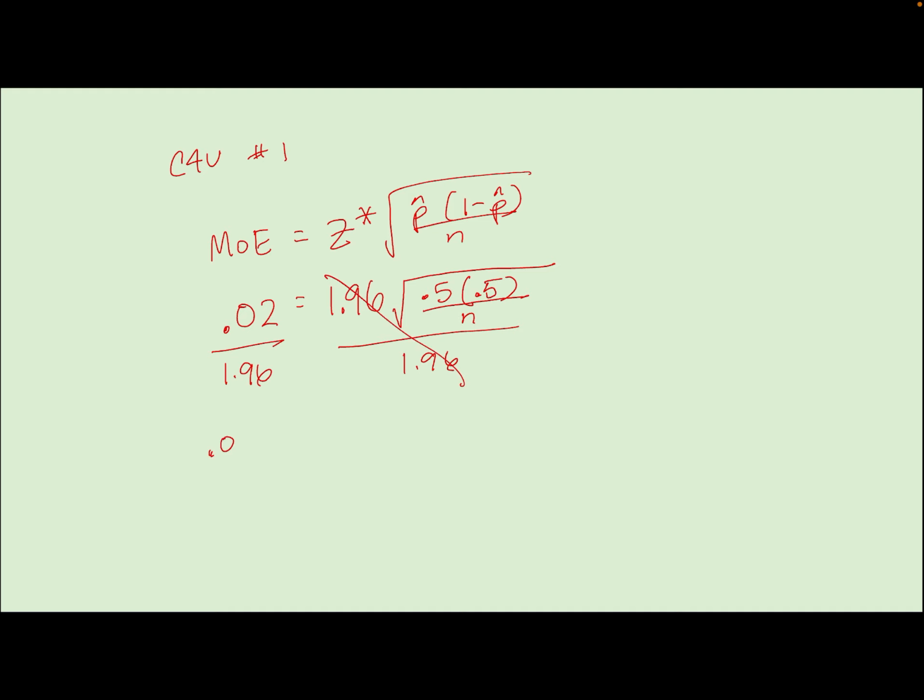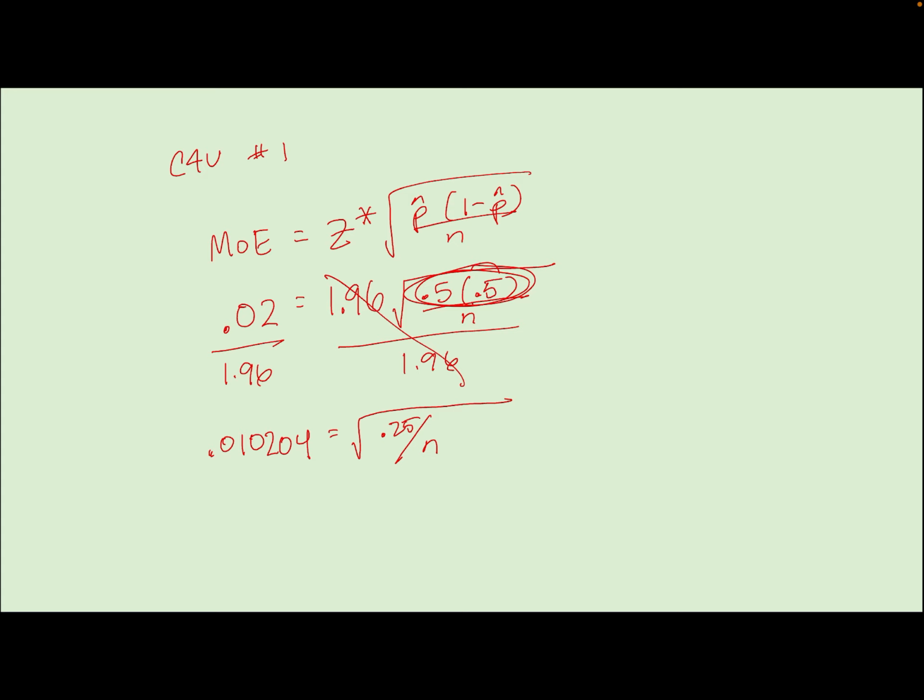So I'm looking at 0.010204. Usually if I'm in the middle of a problem, I won't round, and I'll wait to round until the end. And then on this side, I have 0.25 over N. I got the 0.25 just by multiplying out this numerator.